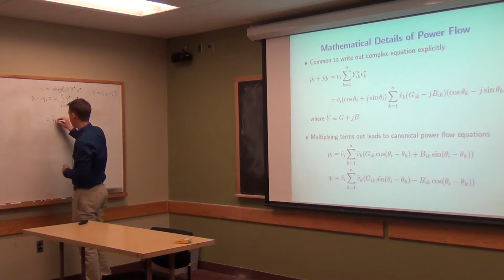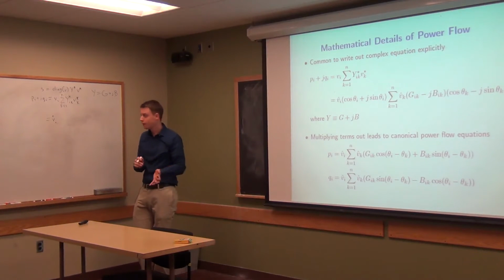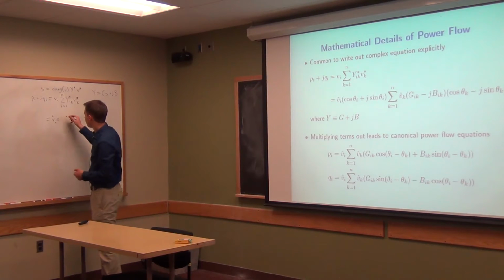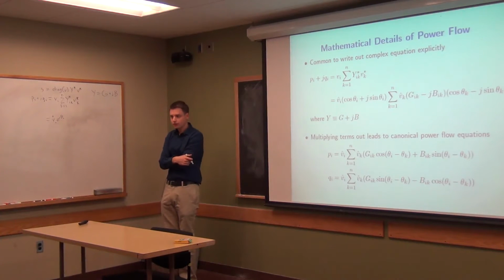So this equals V hat i. Remember, V hat i is the absolute magnitude of the ith voltage times e to the j theta i. That's our way of expressing complex numbers in exponential form.